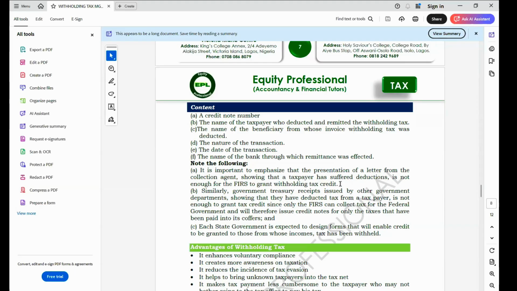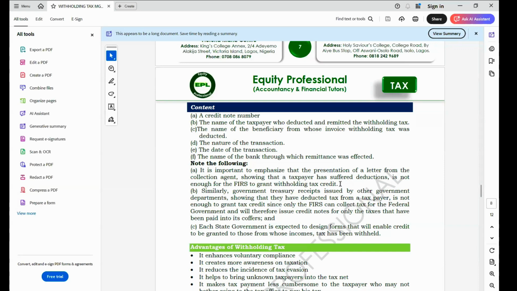Because the way state governments operate differs, the way some states' internal revenue services operate is not the same, unlike the FIRS, which is uniform. Some state governments use technology, while some are still using the manual paper form. So it is expected that each state internal revenue service must develop the method by which their withholding tax payment schedule is to be made, and how withholding tax credit will be granted to the taxpayer.